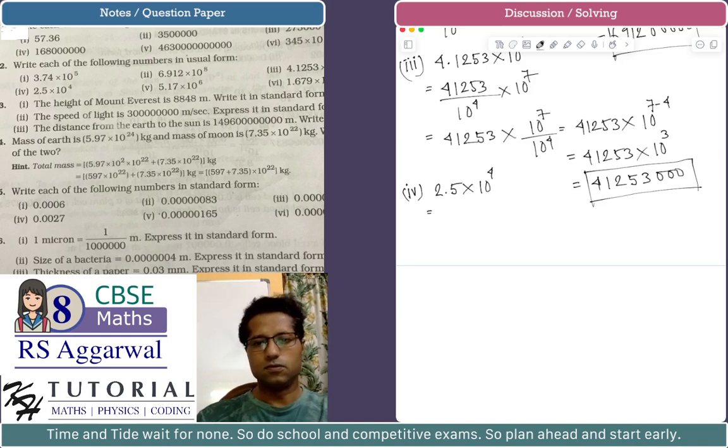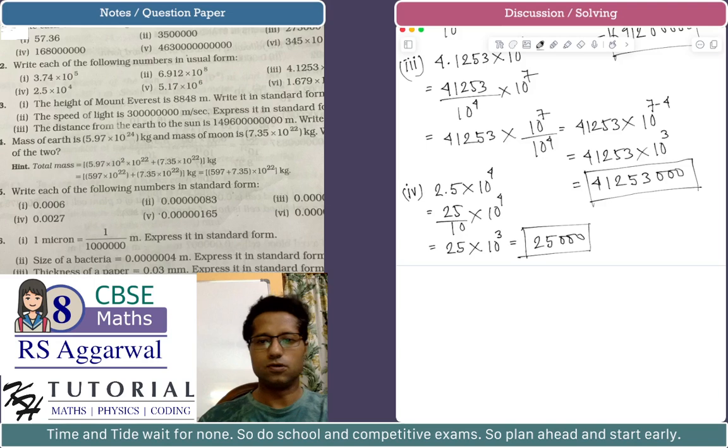So this is equal to 25 by 10 multiplied by 10 to the power 4. Now I will skip a few steps. I hope you will understand. This is 10 to the power 3. This is equal to 25000. 25,000 is the number in usual form.